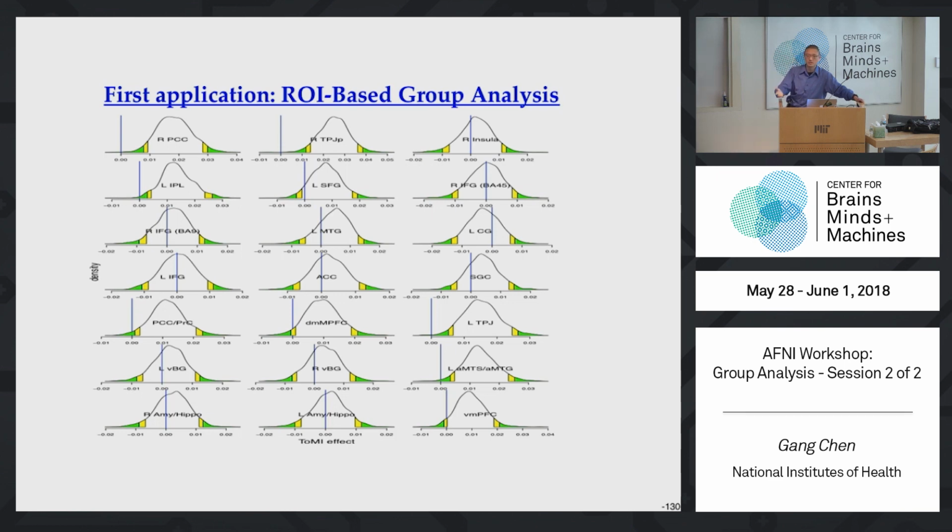Unlike the current approach with whole brain, where you only show the 5 clusters, the rest of the brain you just hide. Even if you want to show it, there's no way to show it. But here, when I publish a result, I'm going to show all the 21 ROIs. So I have nothing to hide, so it's more transparent.